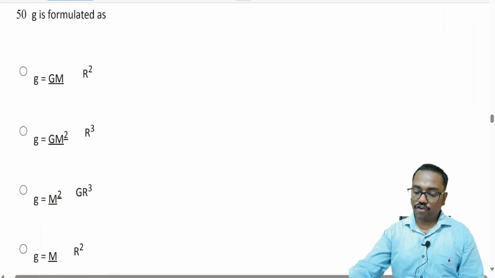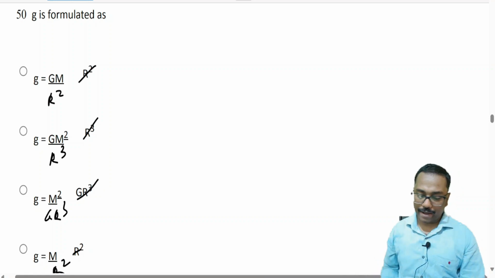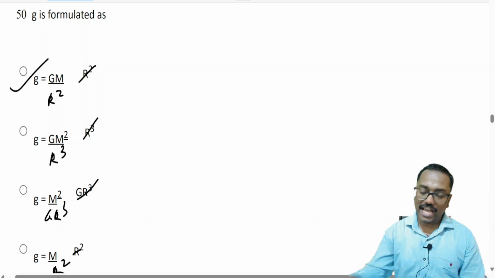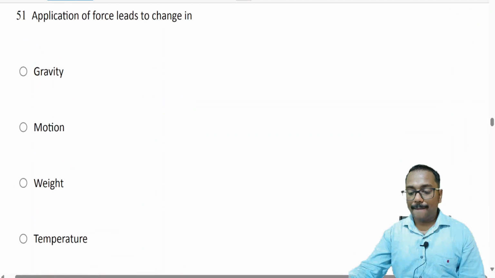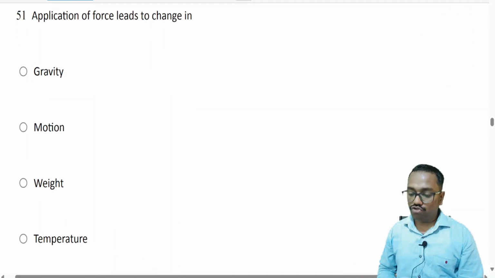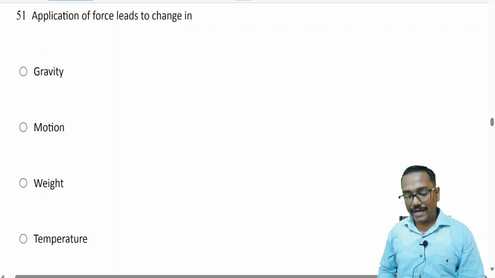Next, g is formulated as: here also this R will come, R square, R cube, GR cube, R square. So its answer is the g formula, it is Gm upon R square. 51st question. Application of force leads to change in gravity, motion, weight, temperature.